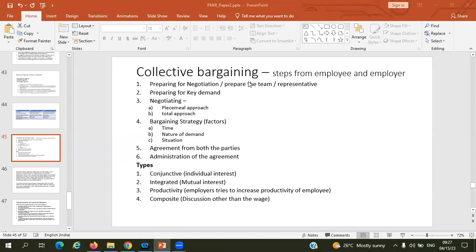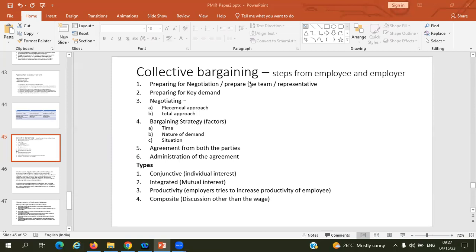Exactly opposite is integrated bargaining. In integrated bargaining, mutually, whenever I am demanding something, I also understand what the other person is going through. I also understand how much they are spending and what trouble they are facing.